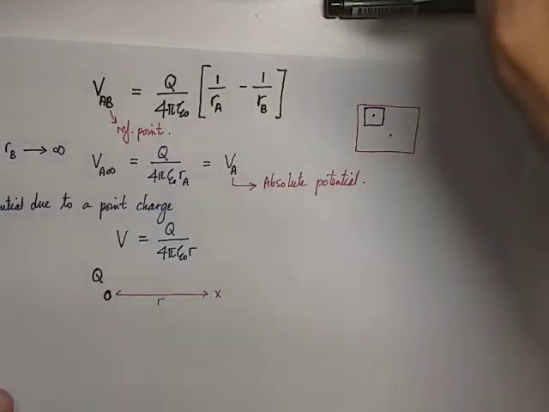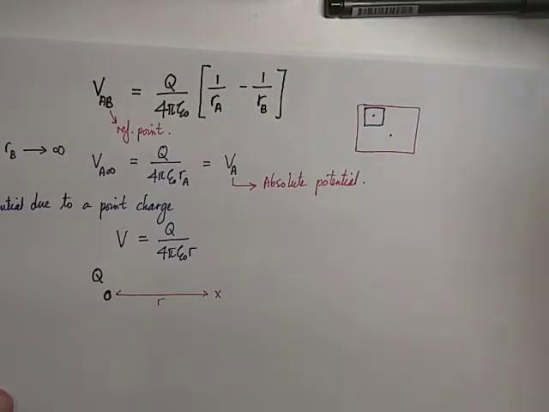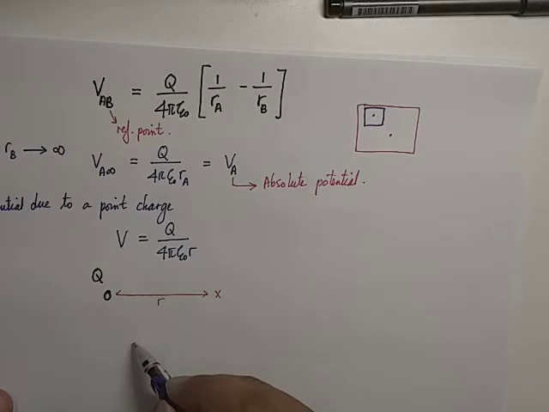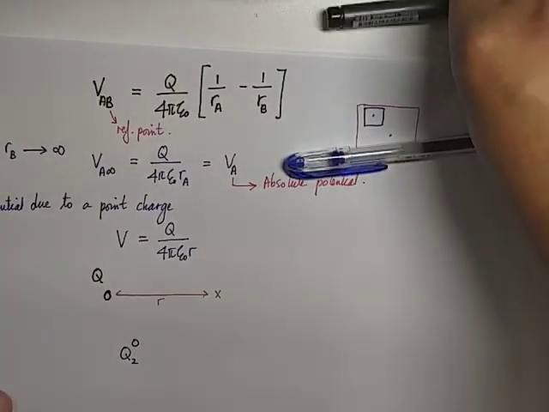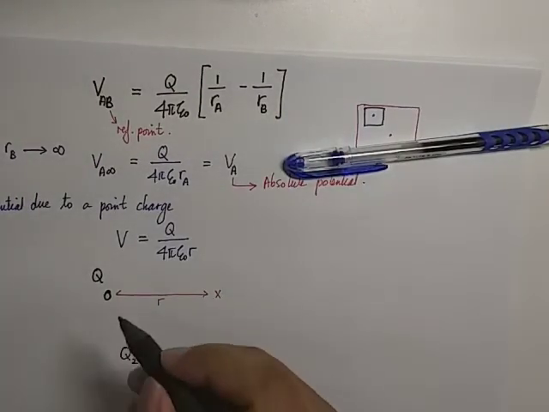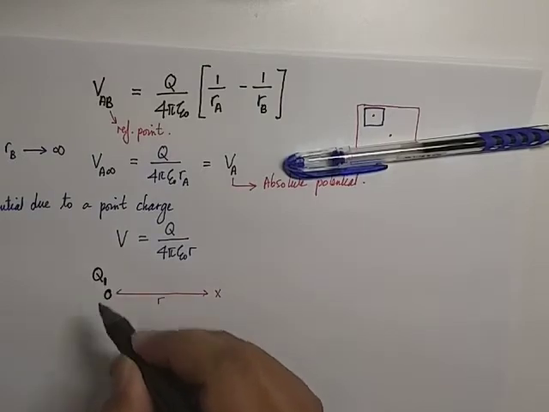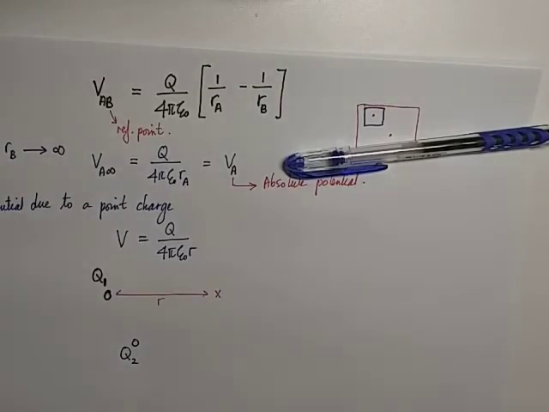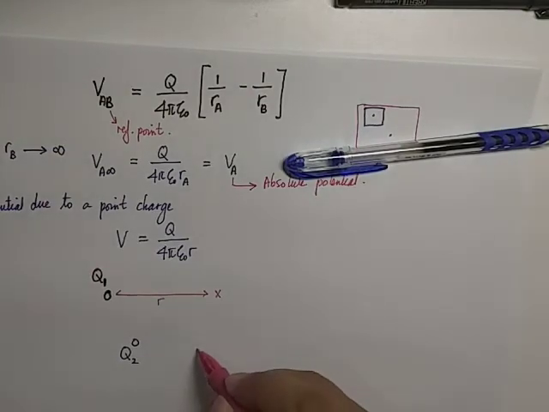So let's say you have more than one point charge. Let's say I have another charge here. I'm going to make it Q number 2. Since we have more than one point charge, I'm going to denote this one as Q number 1. Let's say we have another point charge here, I'm going to call this Q number 3.